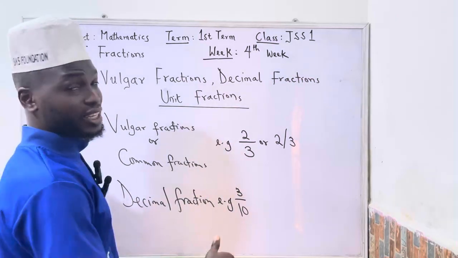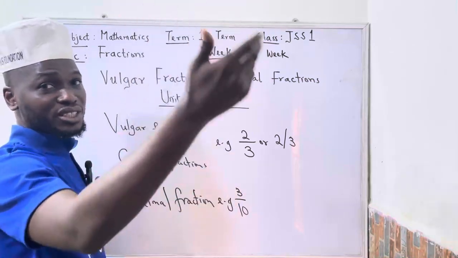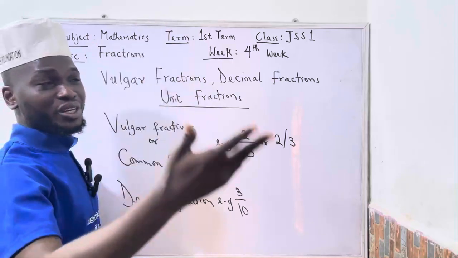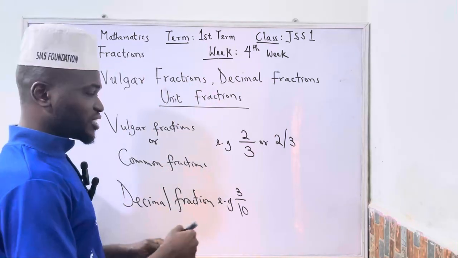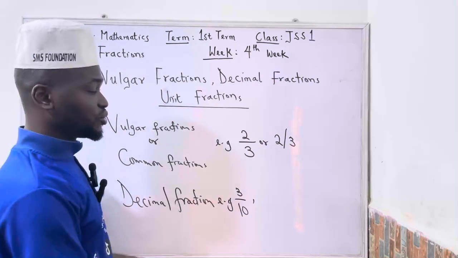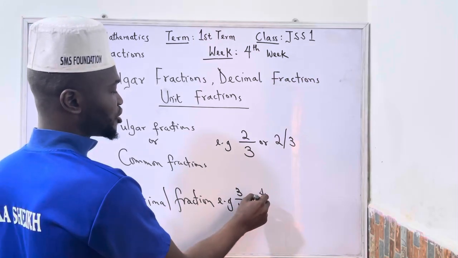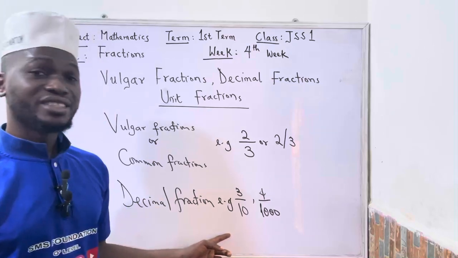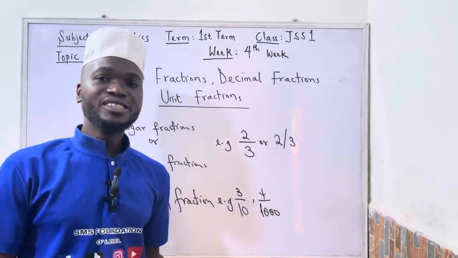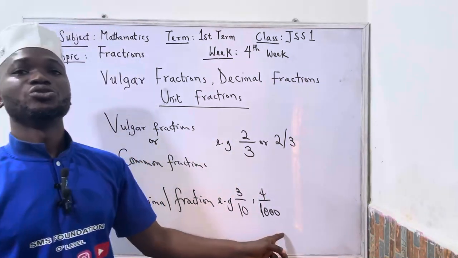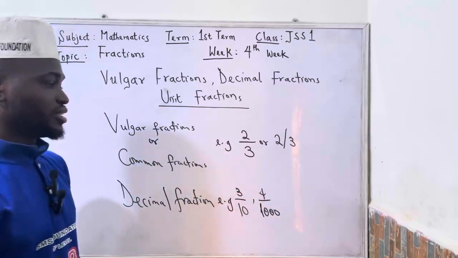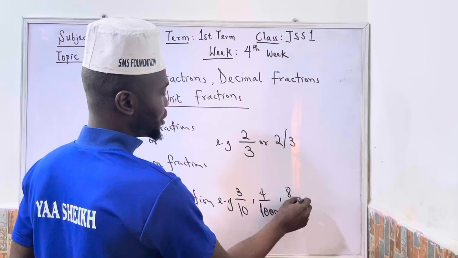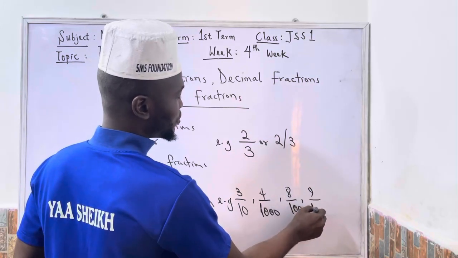Or powers of 10 like 100, 1000, 10,000, 100,000, 1 million, in short, such that you have 1 and a bunch of zeros after it. For example, if you have 4 over 1000, these are decimal fractions because they are easy for us to convert to decimal. You can have 8 over 100. We can have 9 over 1 million.